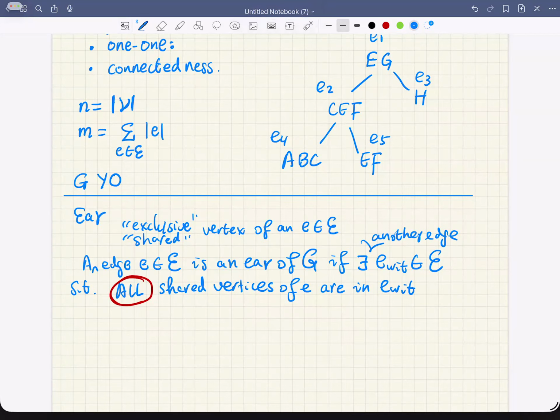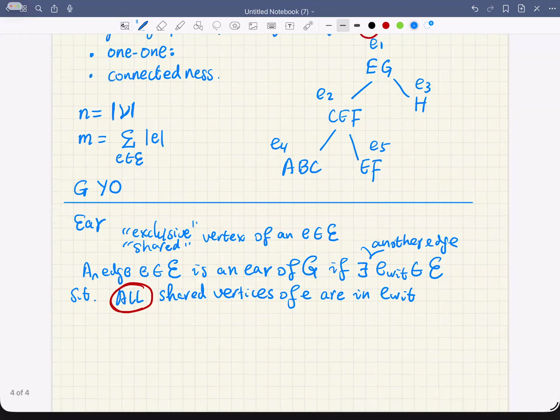I will talk about a patch for that special case later on. So far so good. As long as you have two edges in the graph, this definition applies. There's a corner case where you have just one edge. I'll talk about that.